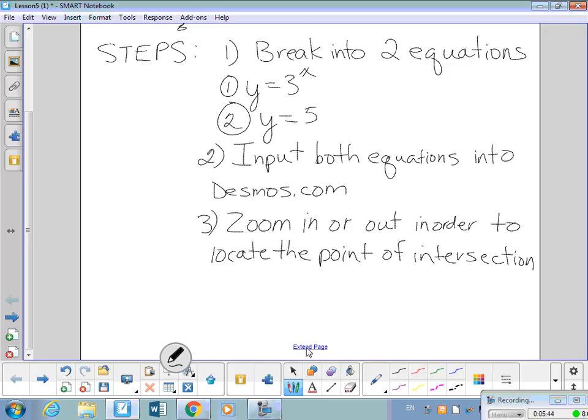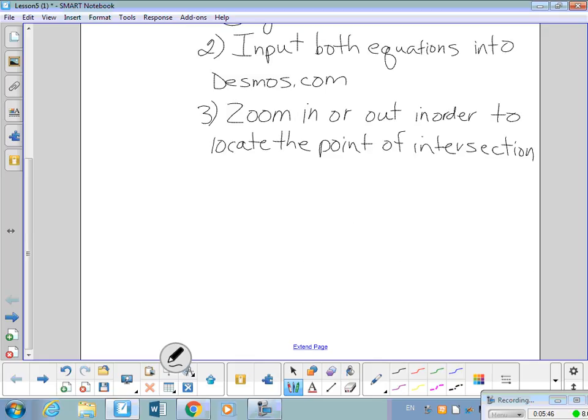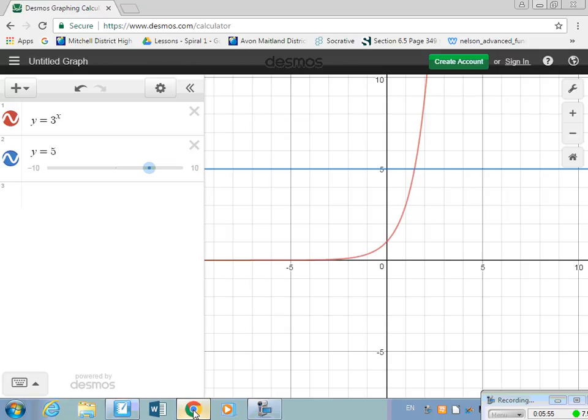Okay, so we're after the point of intersection, and if we go back to our graph again, and I'll bring up Desmos again, you can see where the red and the blue line graphs intersect.